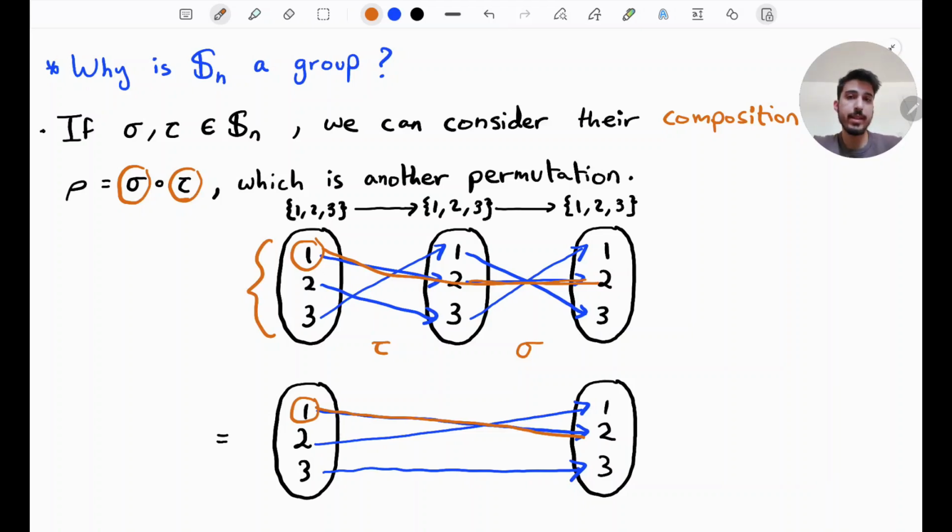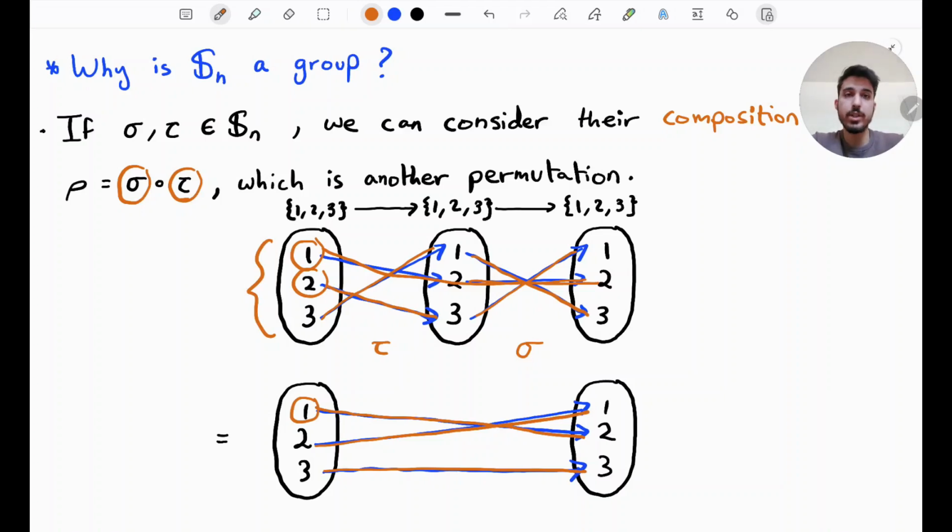The same can be said about 2 and 3. Notice that 2 is sent to 3 by tau, and 3 is sent to 1 by sigma. So to summarize the journey of 2, we can say that 2 is sent directly to 1 at the end of the day. And for 3, well, 3 is sent to 1 by tau, and 1 is sent to 3 by sigma. So this is equivalent to saying 3 is just sent back to itself.